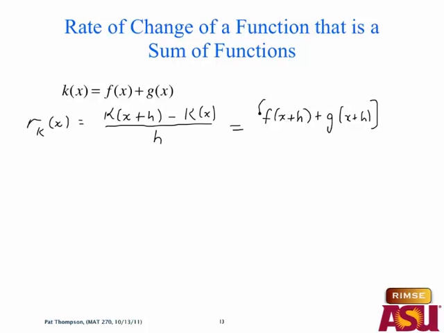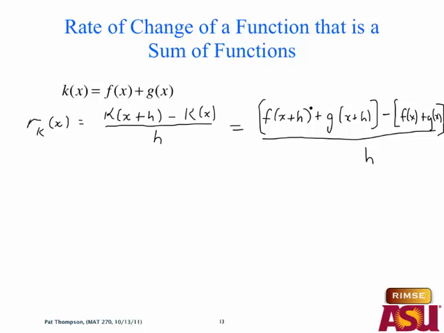That's k of x plus h minus k of x, all over h. If you don't get started this way, then you'll never make it. So do you understand? We're focused on the rate of change of k. No matter what k is, this is its rate of change.